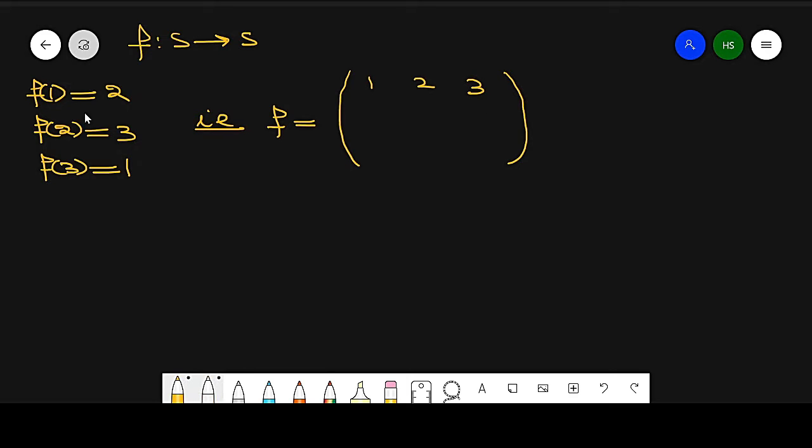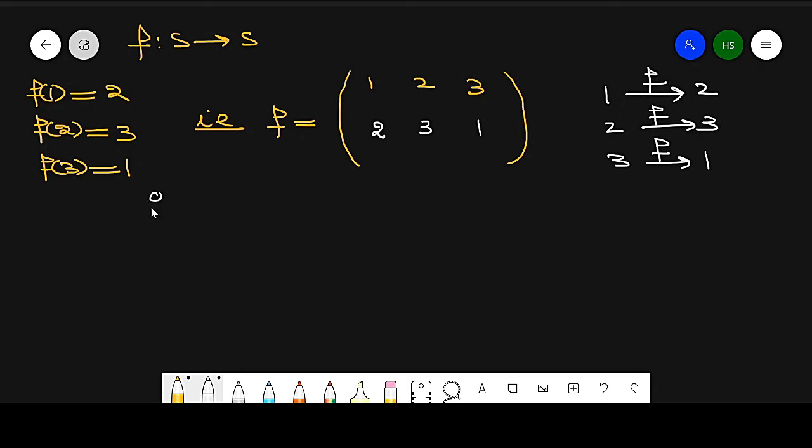Now 1 goes to 2, so this is 2. 2 goes to 3, so this is 3. 3 goes to 1, so this is 1. So 1 goes to 2 under mapping F, 2 goes to 3 under F, 3 goes to 1 under F. In this way we can write the permutation.